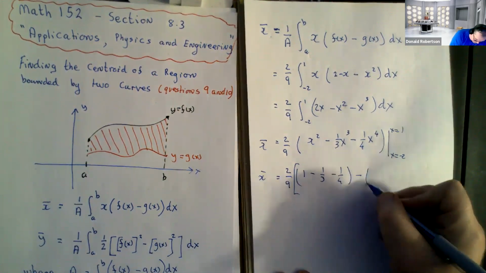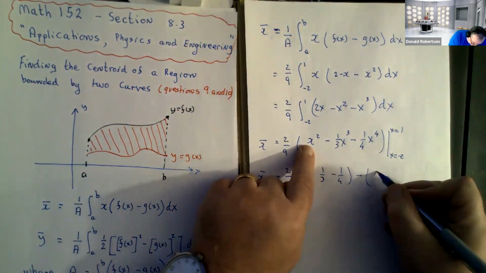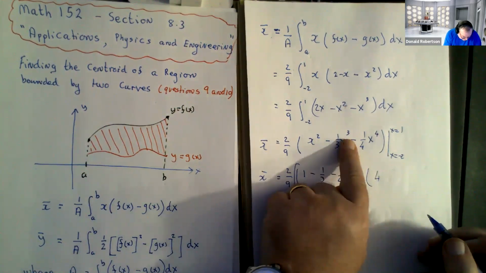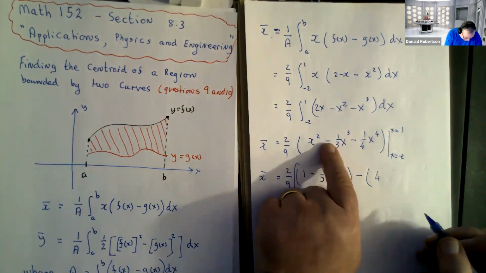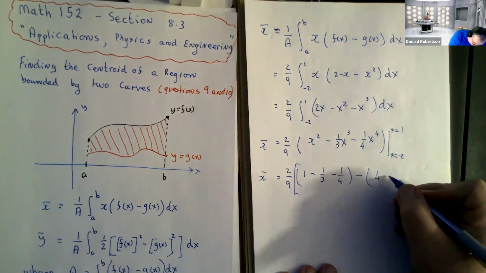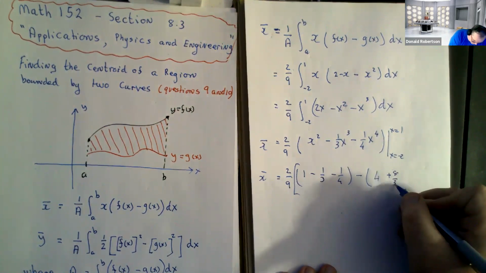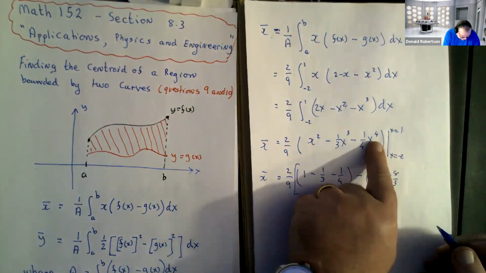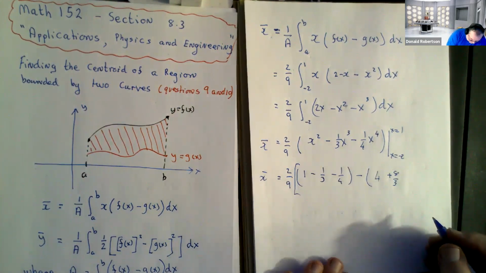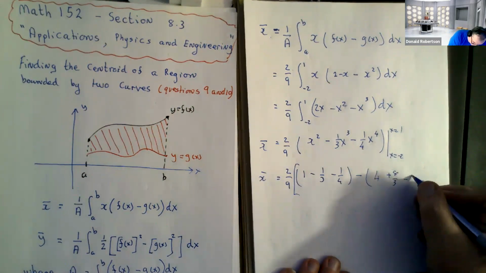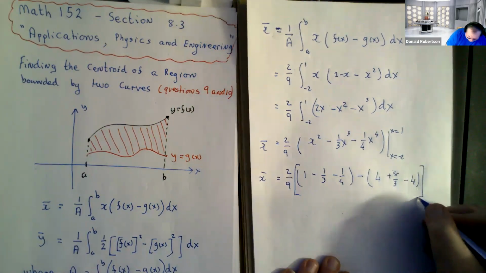Subtract. Plug in -2 here, you get 4. Plug in -2 here, you get -8, which combines with that to give you +8/3. And -2 in here eventually gets you +4, but there's a negative there, so there's a -4, and we're looking at that guy.